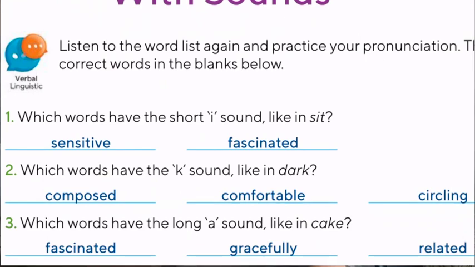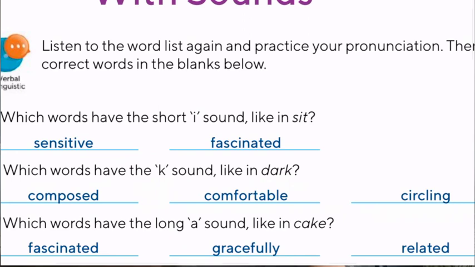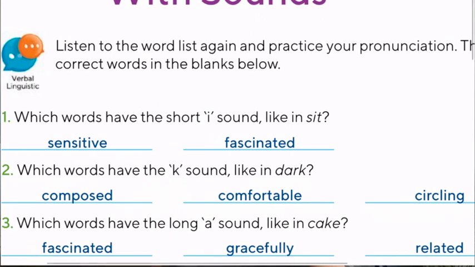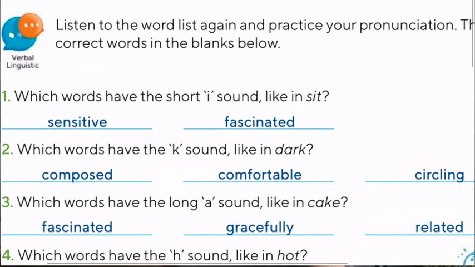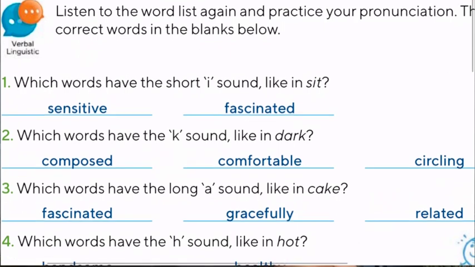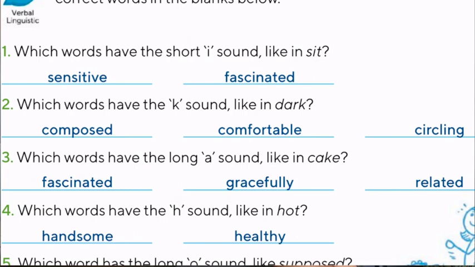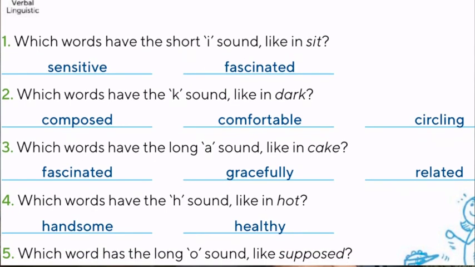Correct. Fascinated, gracefully, and related. Nice. Number 4. Which words have the H sound like in hot? Good. Handsome and healthy. Number 5.